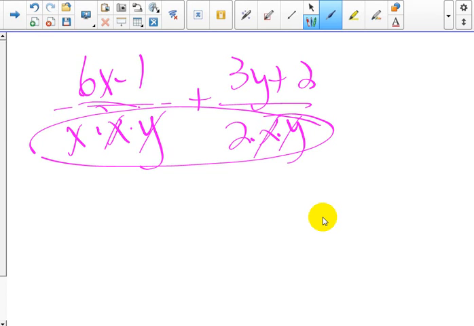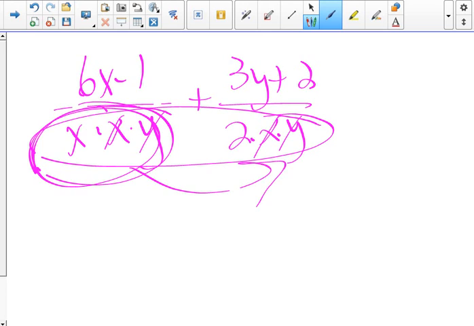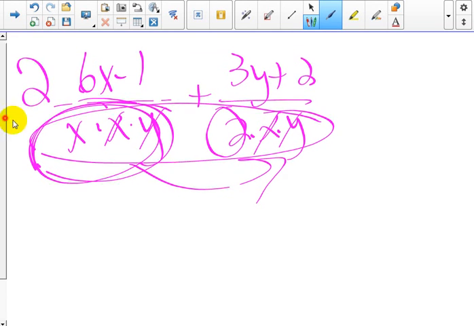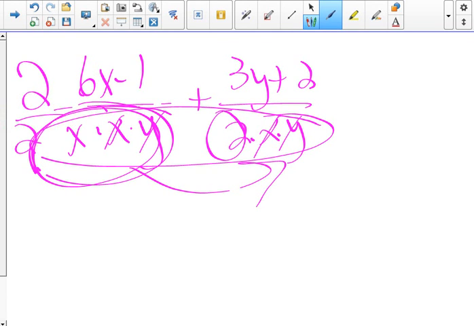Okay, so to get this one to look like this one, what do I need to multiply it by? A 2. And what is this one missing? An x. So for this one, we're going to multiply by 2 over 2, and this side we're going to multiply by an x over an x. Okay, now watch what happens.